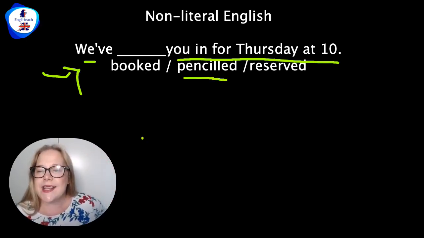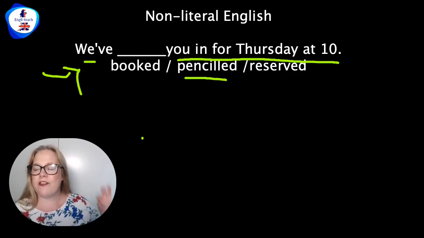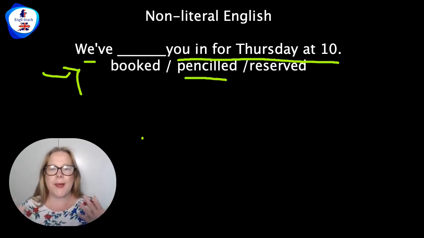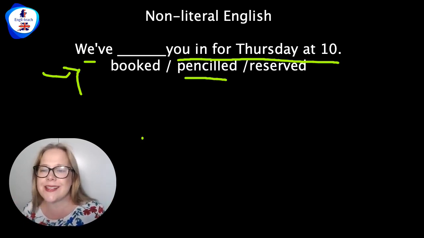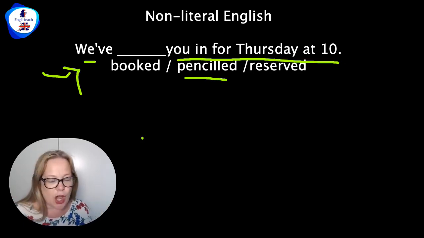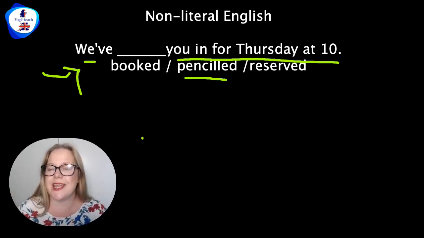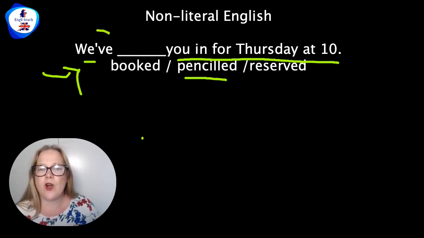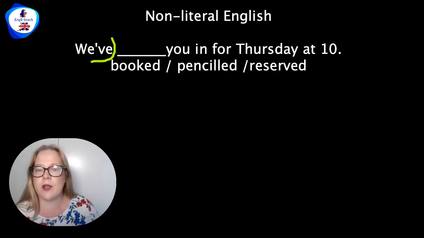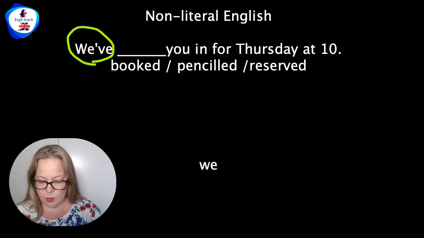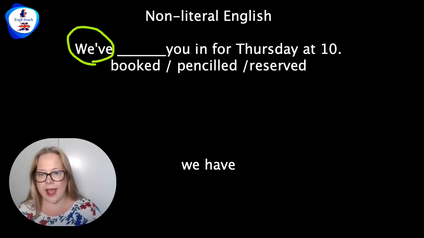We've penciled you in for Thursday at 10. So when would you say this, or when would somebody say this to you? Here, obviously, we've got the contraction we've, which means we have.